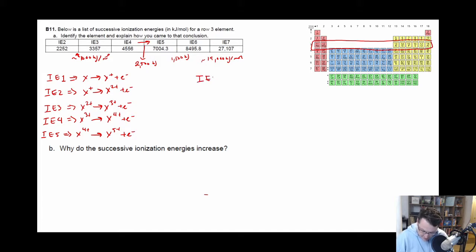IE6 is X5+ forming X6+ and an electron, and then IE7 is X6+ forming X7+ and an electron in this case, right?